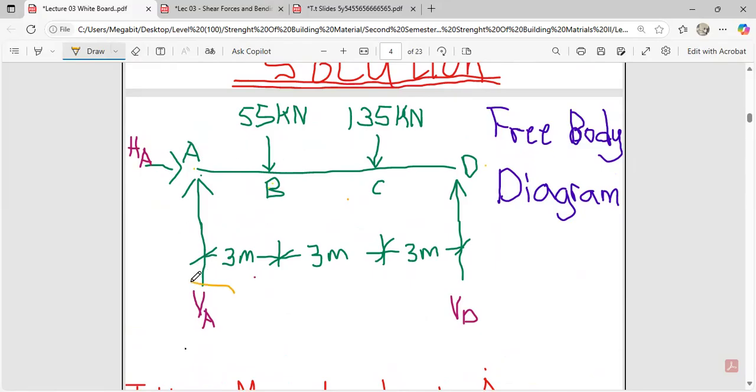This is 1, 2, 3, and here's the 4th one. We have 1, 2, 3, 4.